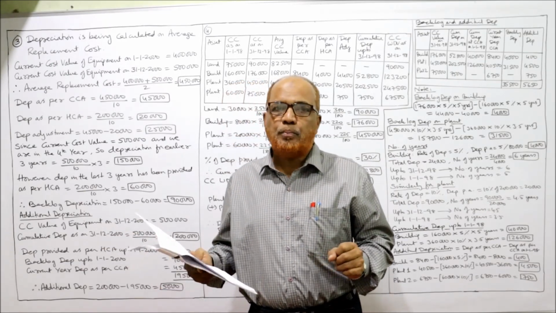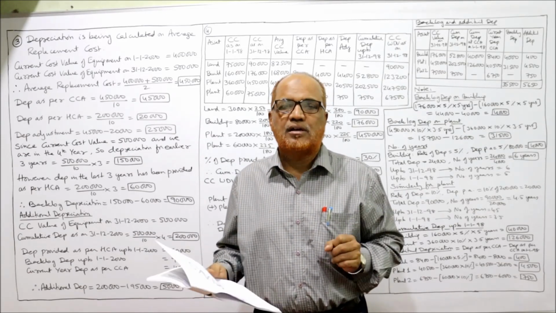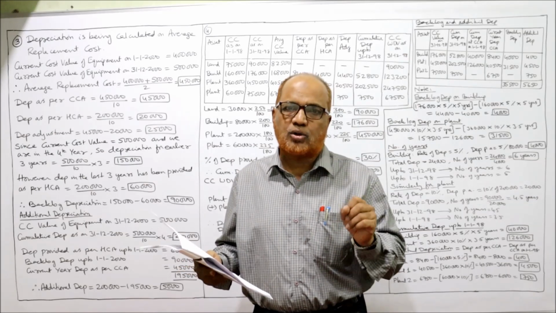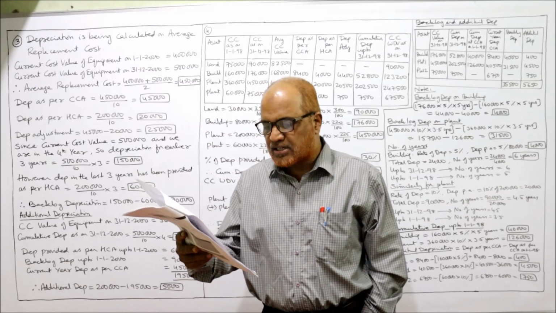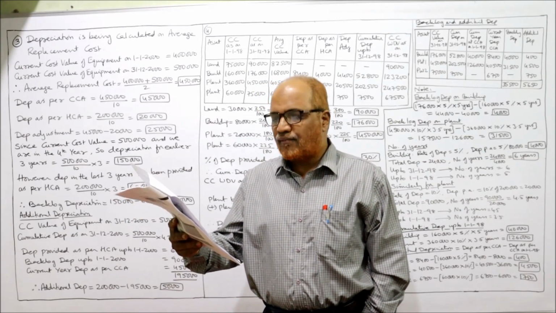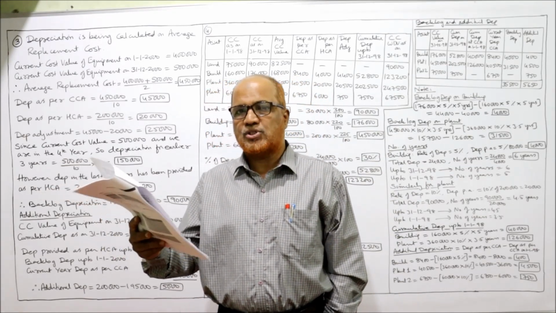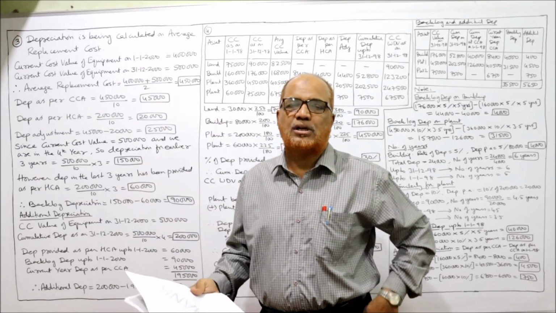The company wants to adjust the financial statements according to price level changes. This is the first time that Sun Limited will present inflation adjusted financial statements. Required: calculate the amount of depreciation adjustment, additional depreciation and backlog depreciation for the year 2000.